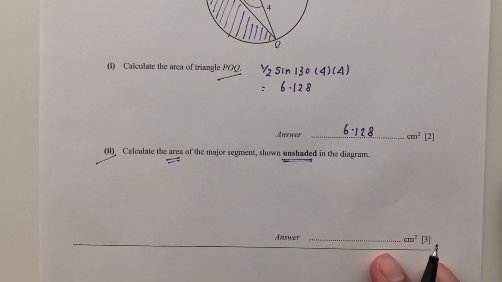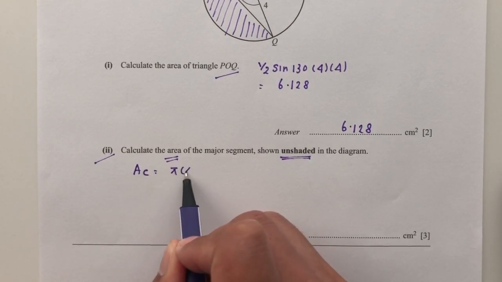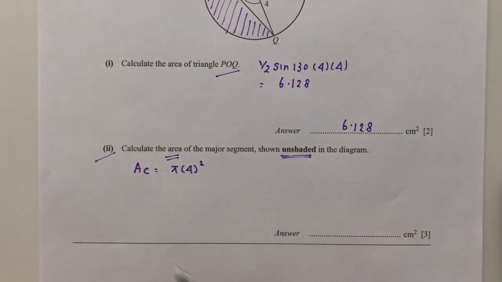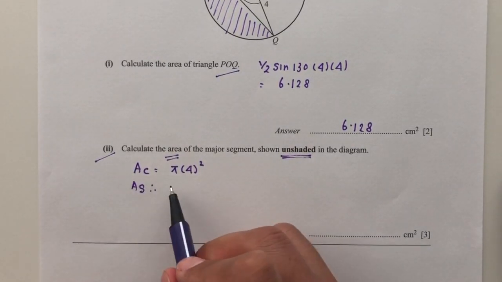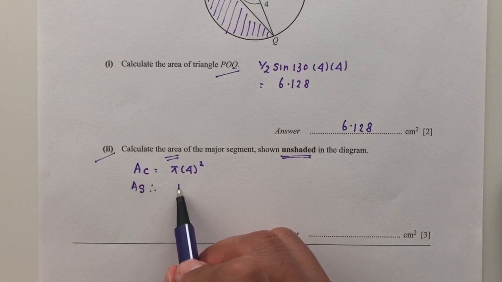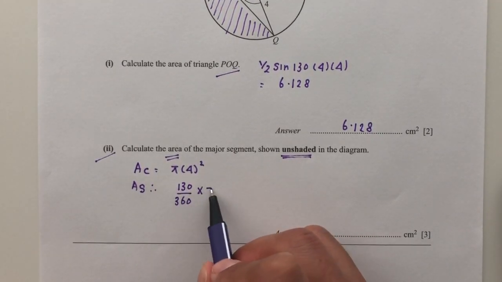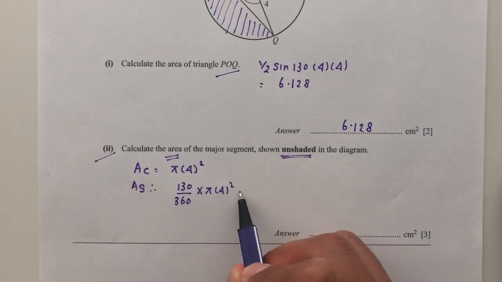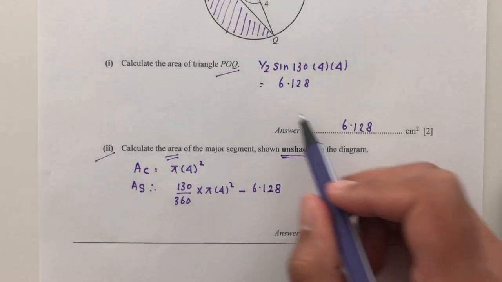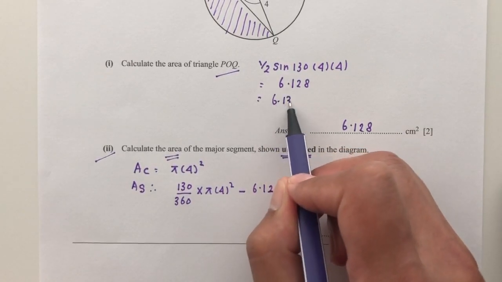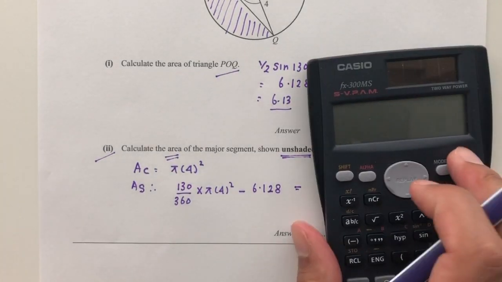So one by one. What is the area of the circle? That will be pi r squared, which is this. What is the area of the shaded region? That will be the area of the sector first, which is 130 over 360 times pi r squared, minus the area of the triangle, 6.128. You can just write 6.13 correct to 3 SF. That will be the area of the region.